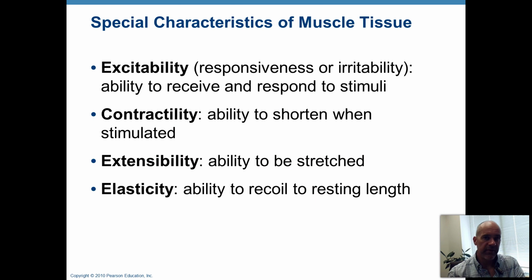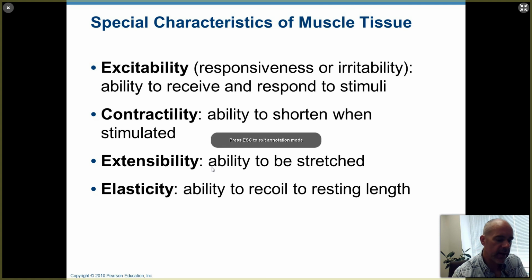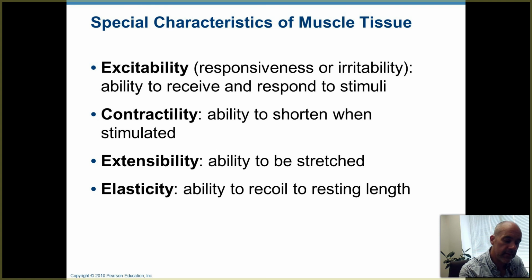All right, special characteristics of muscle tissue. What can muscle tissue do that many other types of tissues cannot? Excitability is one of its characteristics, and this is also referred to as responsiveness or irritability. So muscle tissues can actually receive and respond to stimuli, something that's going to tell that muscle tissue to constrict, or to contract.